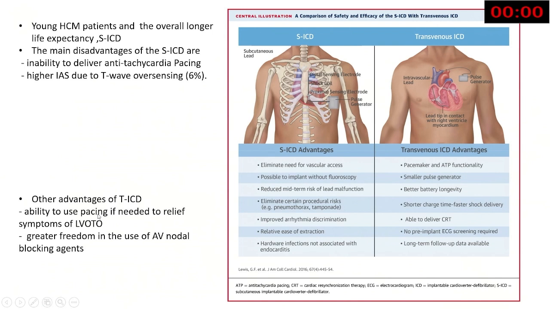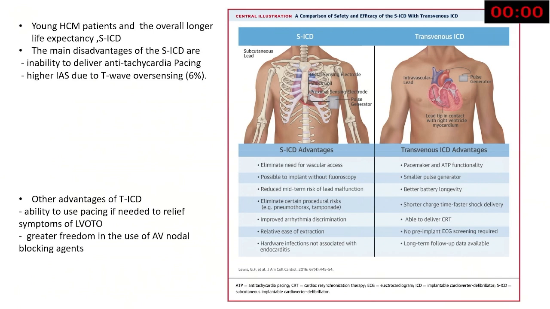Regarding sudden cardiac death risk prevention, does the subcutaneous ICD have any advantages for this type of patient over the transvenous ICD? Yes, because these patients are young and will need repeated extraction of the devices along their life.